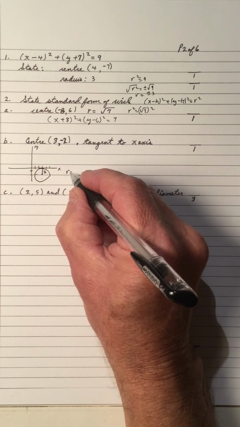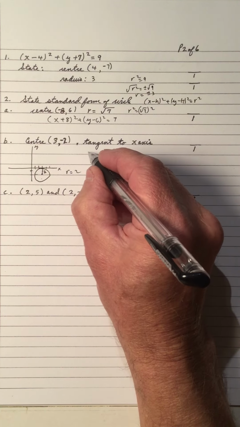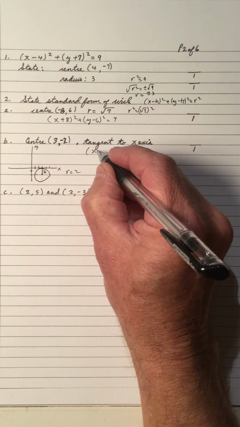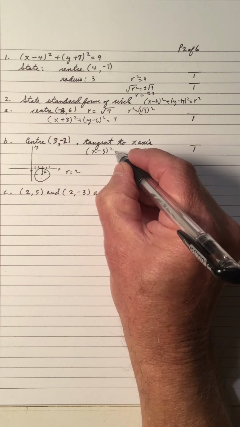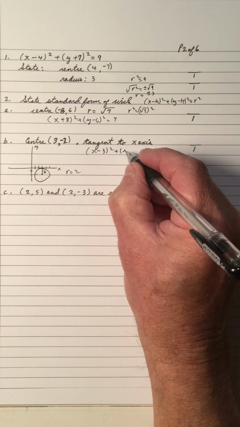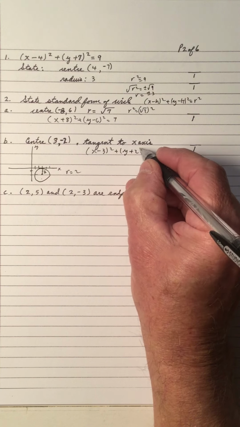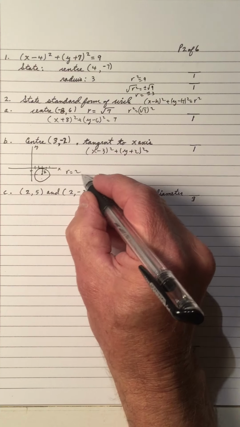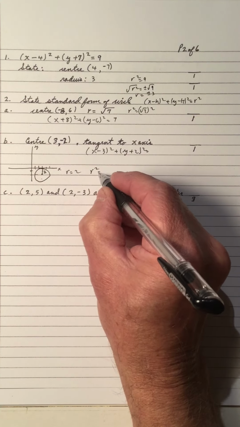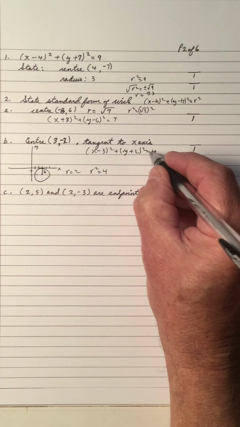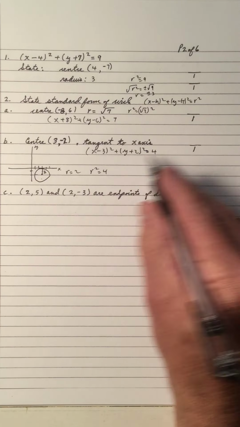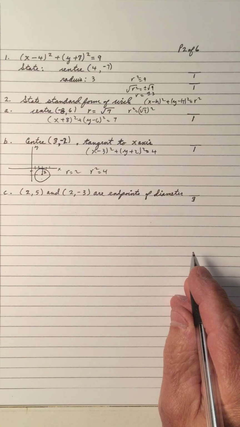So that means your radius is 2. So the equation is plus 3 is a minus 3 squared, minus 2 for the y, so it's a plus 2 squared. The radius is 2, so r squared is 4. So if you have this equation, give yourself a mark.